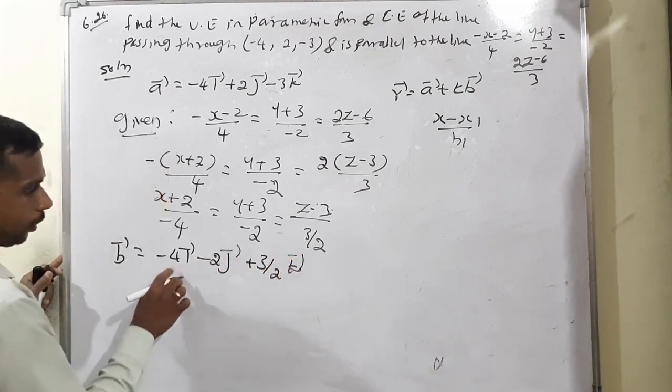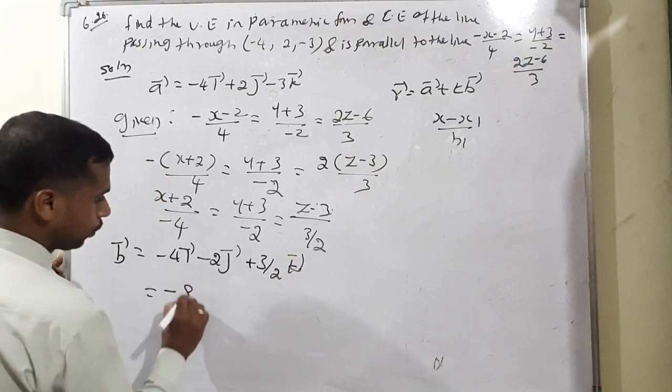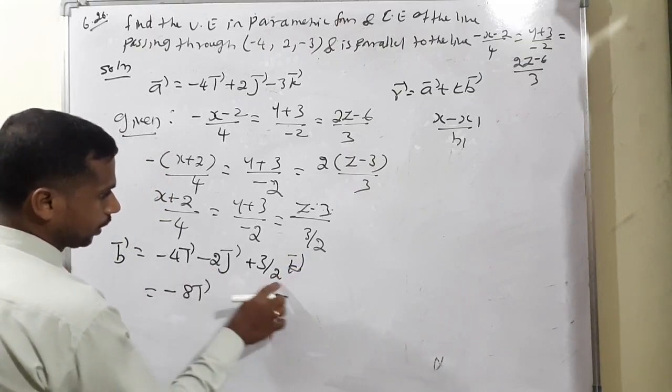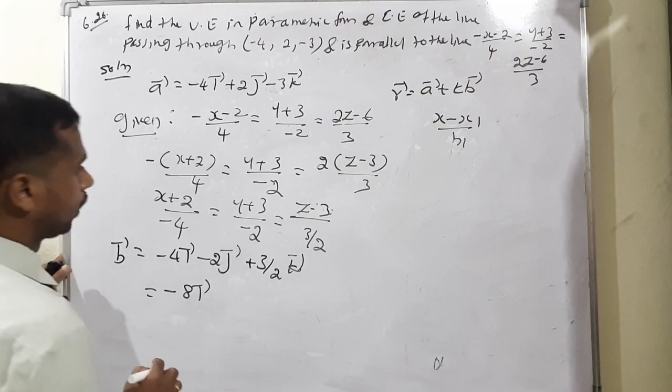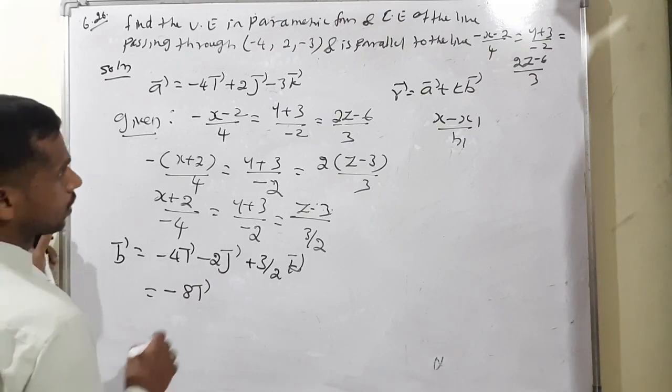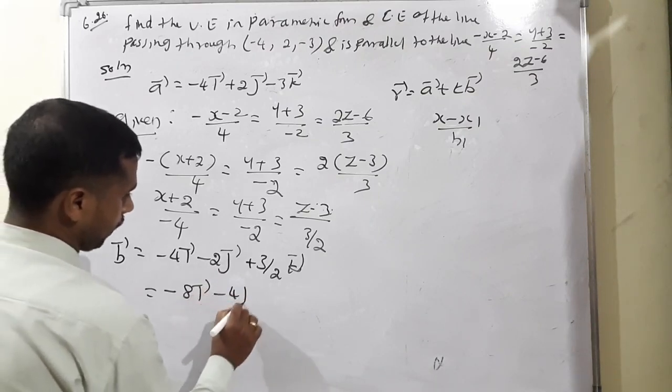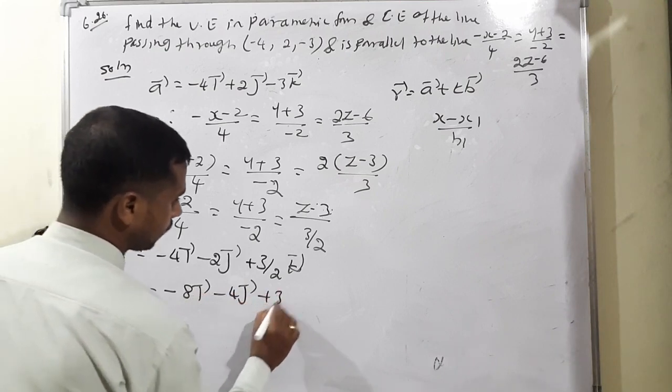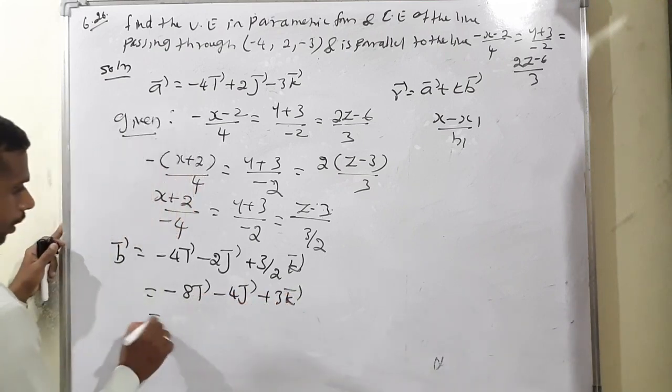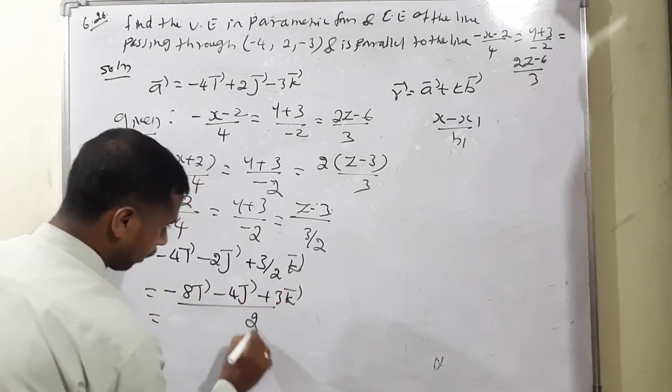Multiplying each by 2: 4 into 2 gives minus 8i vector, again 2 into 2 gives 4, so minus 4j vector plus 3k vector. Therefore, divided by 2 will come.